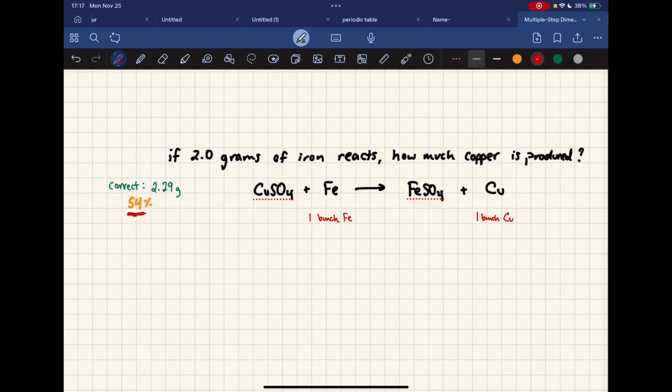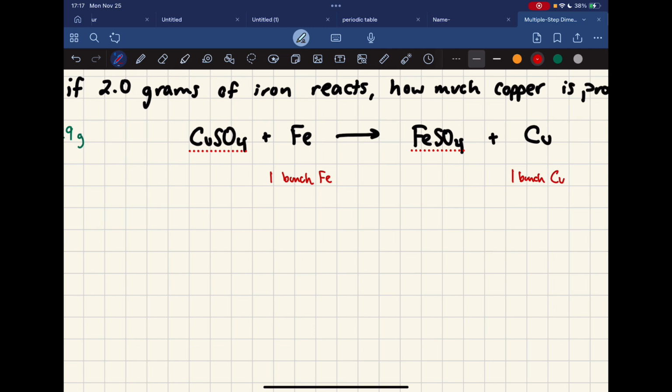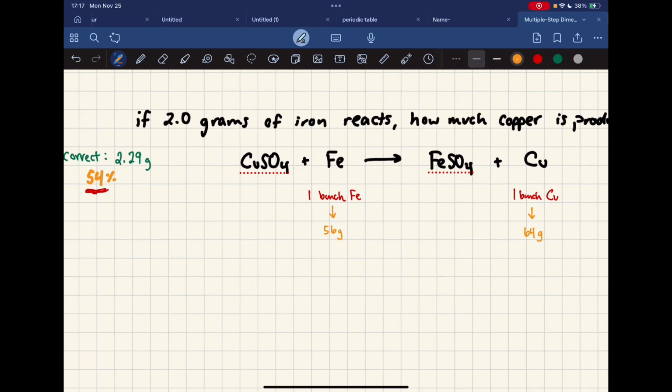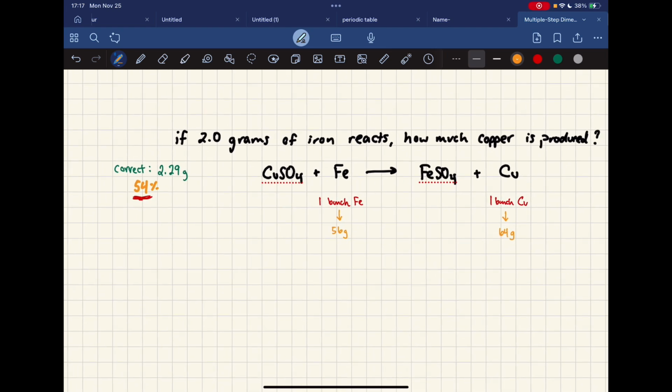They're not mentioned here. The question's not asking anything about them. They're not important to our math here. So all I need to do is just convert that to grams. What's 1 bunch of iron? That's 56 grams. And what's 1 bunch of copper? That's 64 grams.